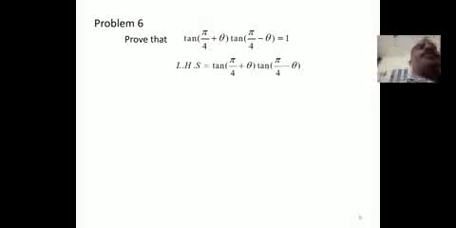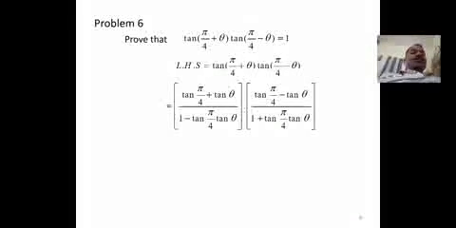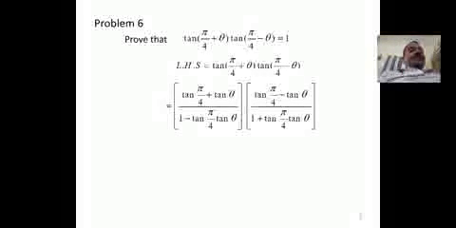So with the help of these two principles, take the LHS part. LHS part is tan of pi by 4 plus theta into tan of pi by 4 minus theta. The first one is in the form of tan of a plus b: tan a plus tan b by 1 minus tan a tan b. So here a is pi by 4 and b is theta.